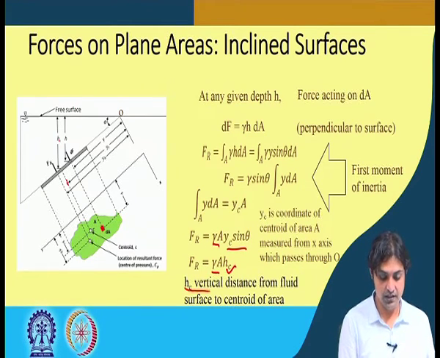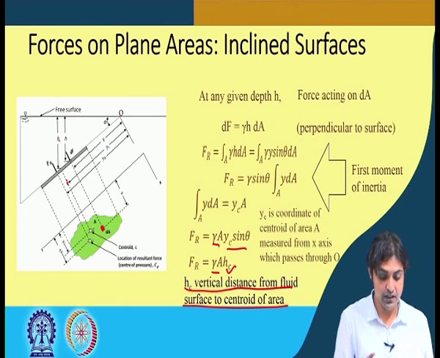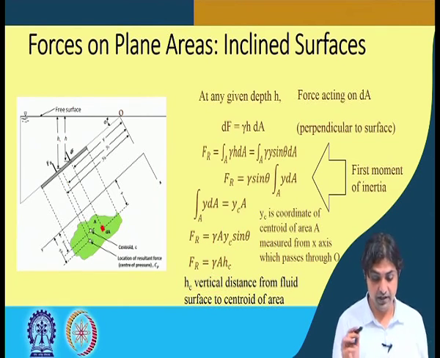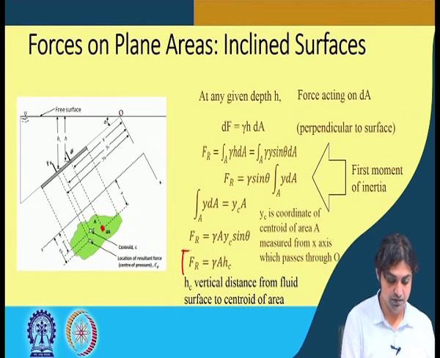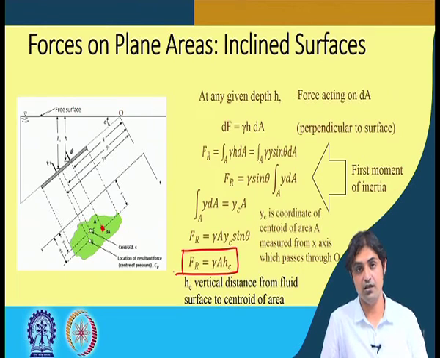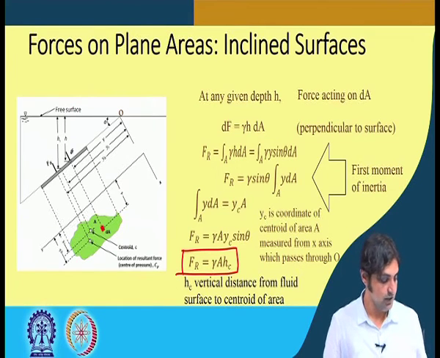So hc is the vertical distance from the fluid surface to the centroid of the area. Now we have actually simplified into a very common, very simple equation. I will just write the important one. So this is the important one, FR is equal to gamma A hc. This is one important result to note down at this point in time. Very good.